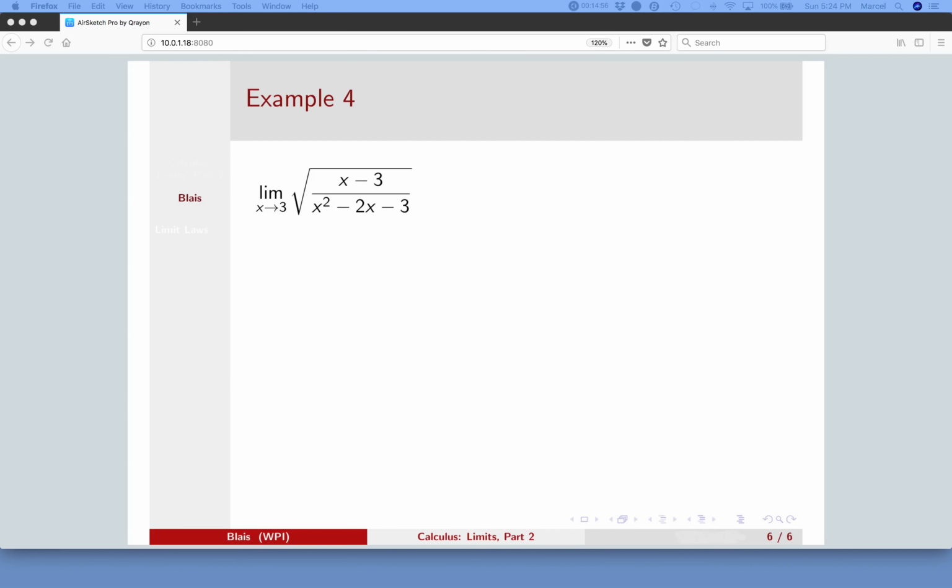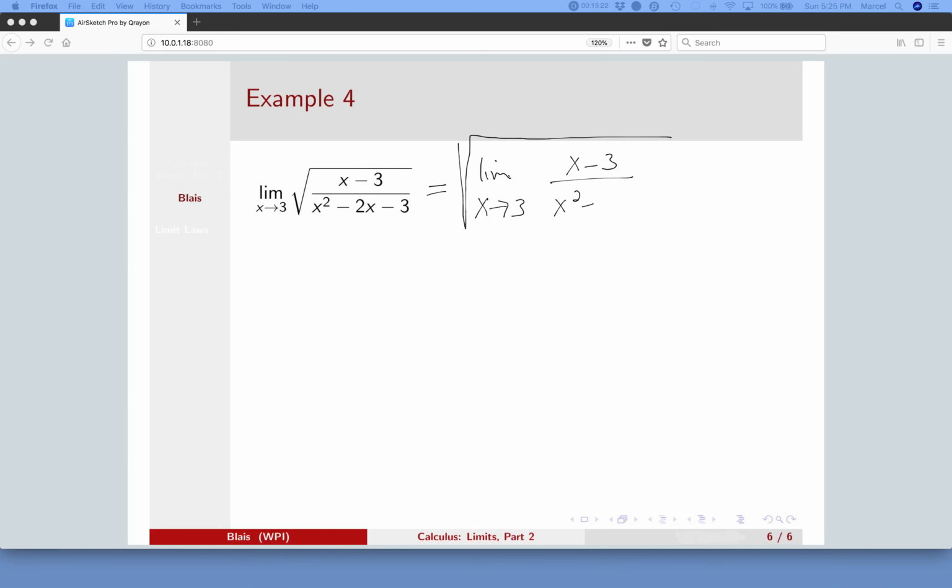We'll try another. So for this example, this time I won't write all the laws, but we'll write many of the steps. We can use the root law to bring the limit inside the square root.